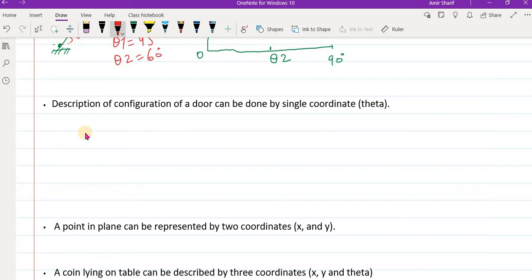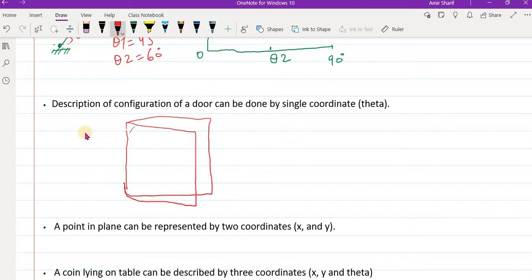First we need to see where the movement is happening. Let's say this is a door here.